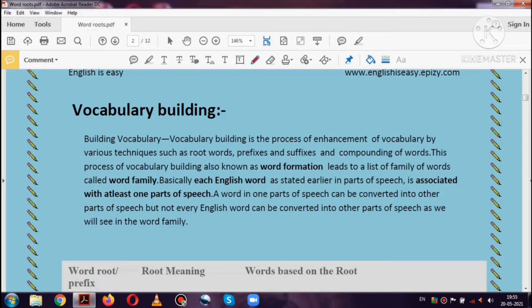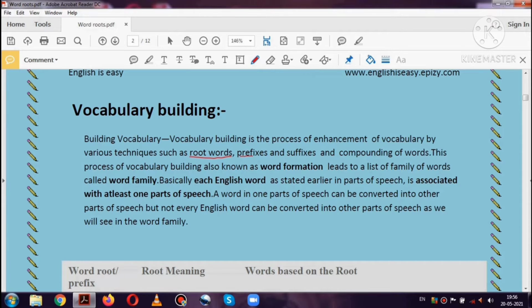Building vocabulary is solely based on the fact that every English word is related to at least one part of speech. Vocabulary building is the process of enhancing vocabulary by various techniques, such as root words. A root word is a part of a word; if you see a root in the word, you can easily guess its meaning.